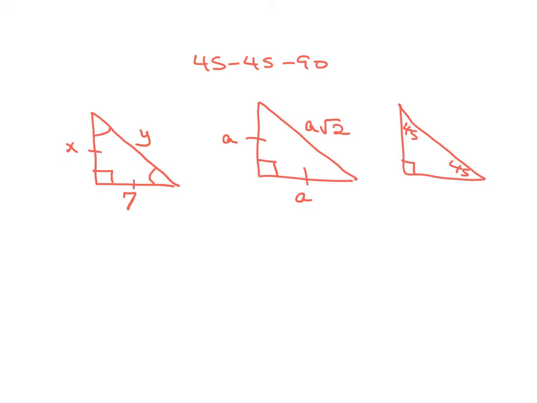So if that side is 7, this one's 7. How much is y going to be? 7 square root 2. So whenever you're given a leg as a whole number, the other leg is the same number, and the hypotenuse is whatever that leg is with square root 2 behind it.